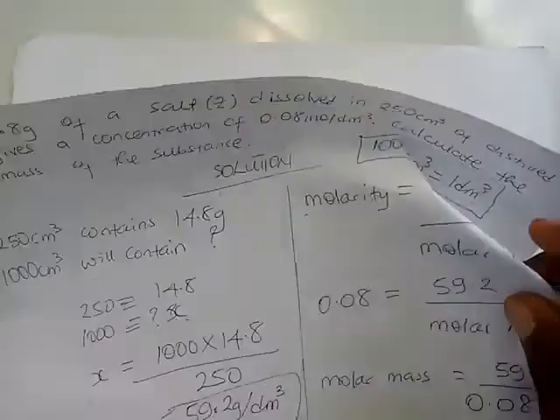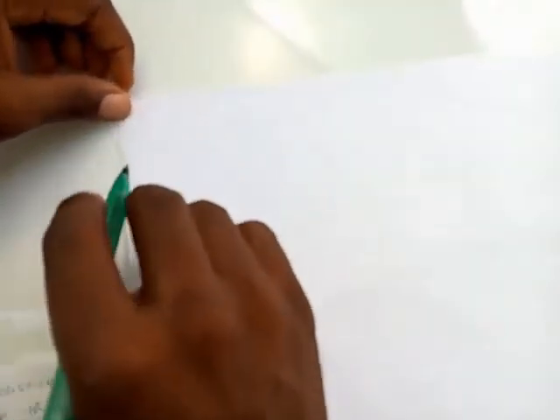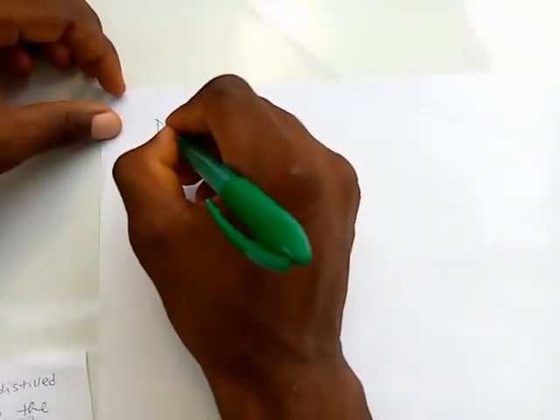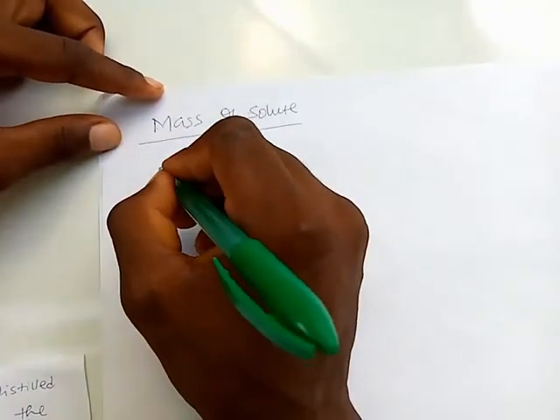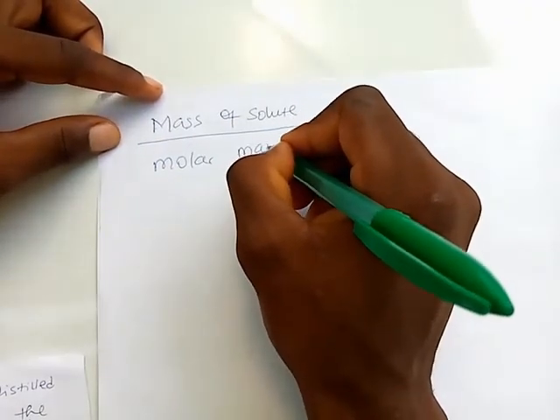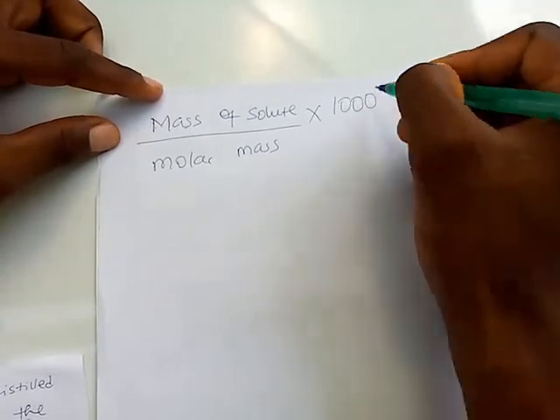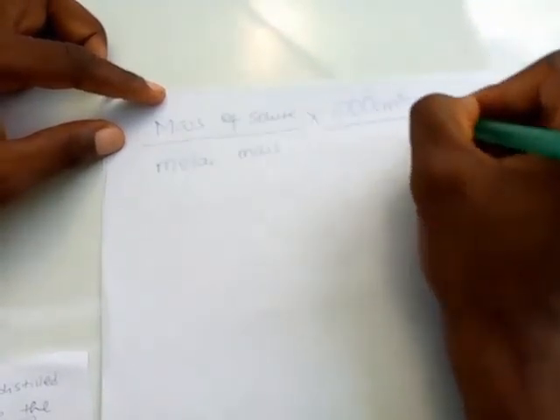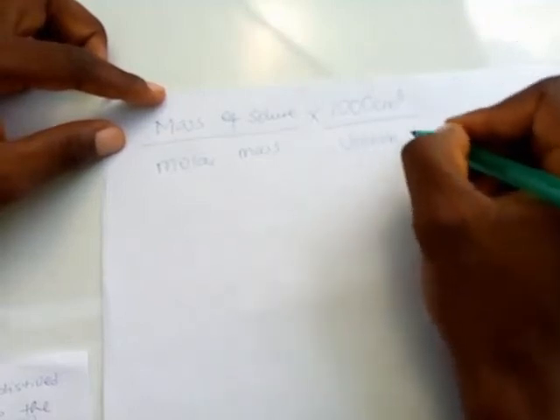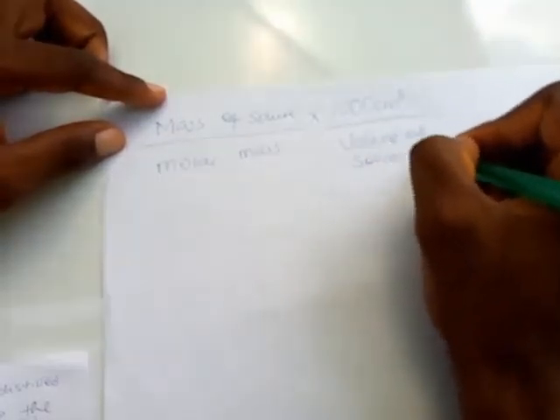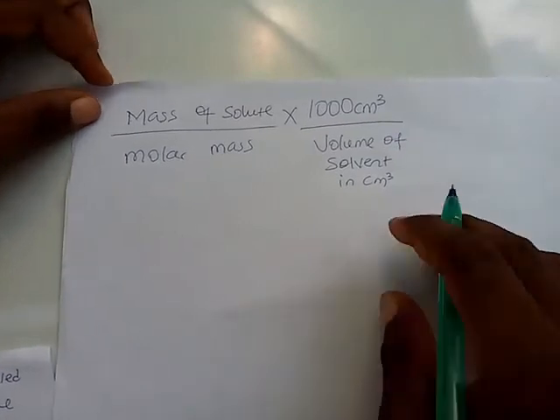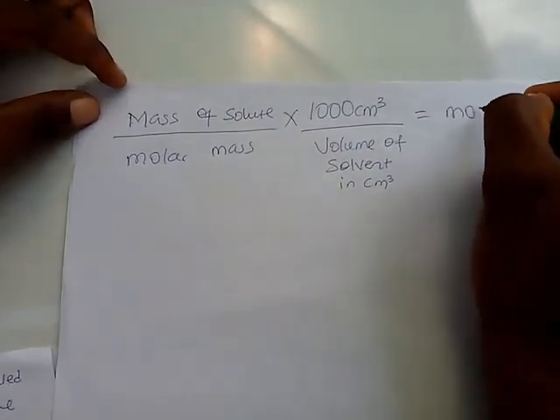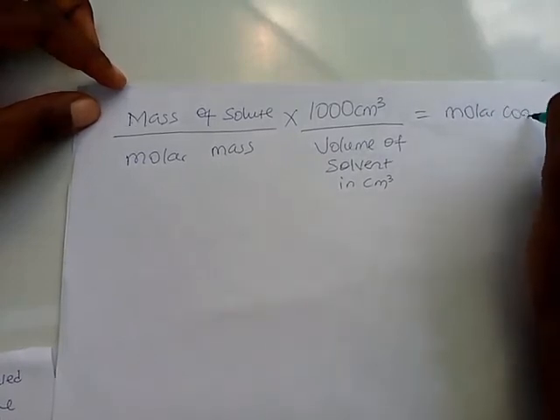So how do I go about solving it? Let me come to this question here. I'll just put down mass of solute all over molar mass times 1000 over volume of solvent in cm cube is equal to molarity or molar concentration.